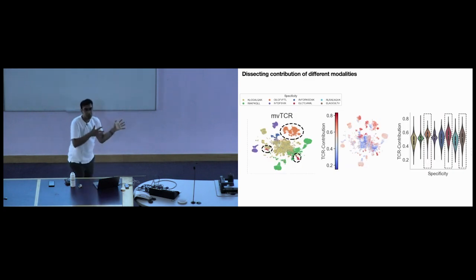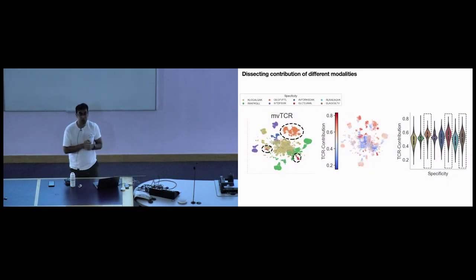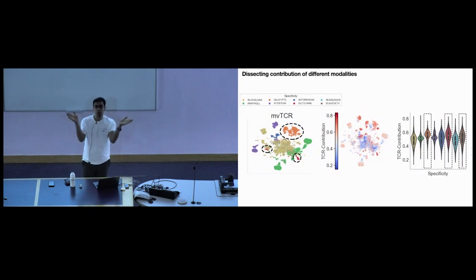This is in review, and one of the reviewers asked, okay, this is good, but so what? Which modalities are actually contributing here? So we came up with a way to decompose the modality contribution.